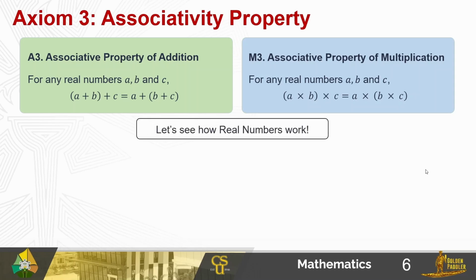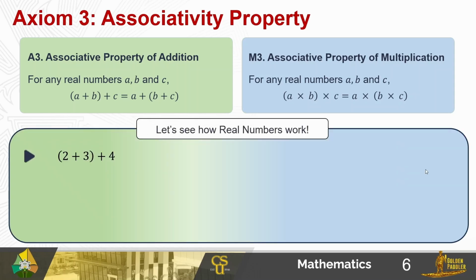Now let's see how it works. For example, 2 plus 3 plus 4 is equal to 2 plus the quantity 3 plus 4. Now why is this? Notice that if we add 2 plus 3 first, we get 5.